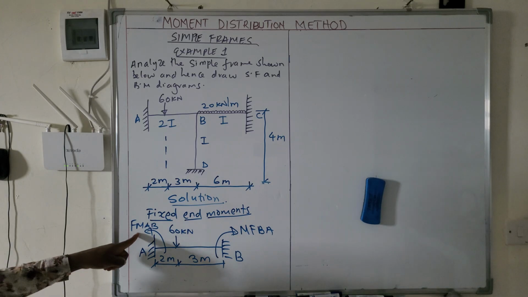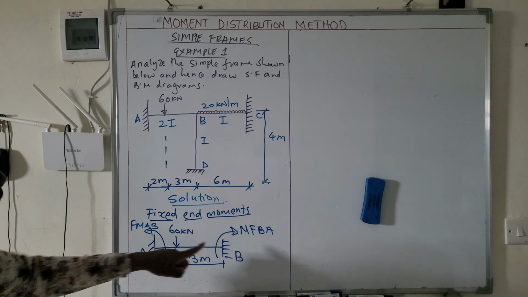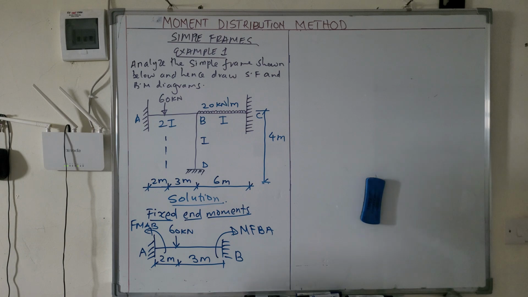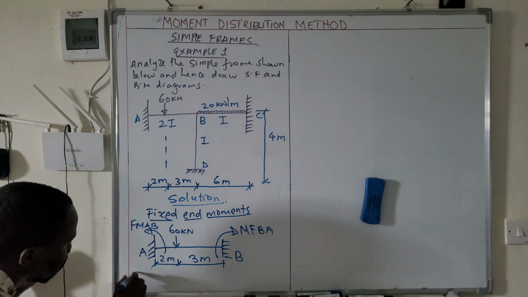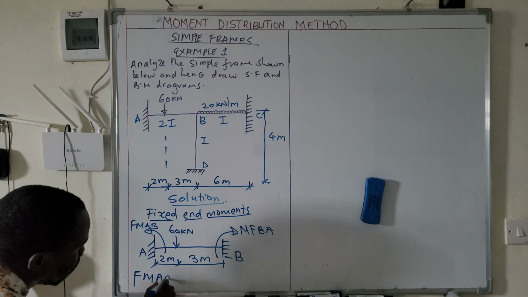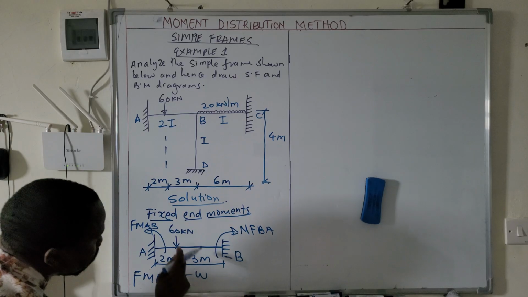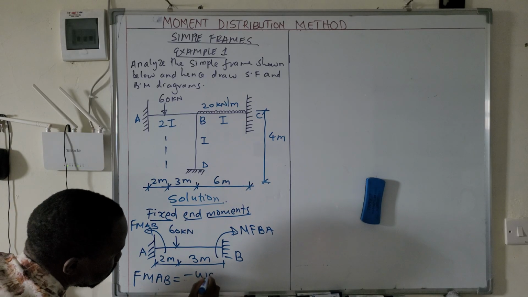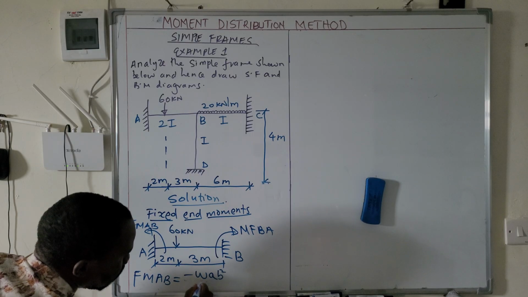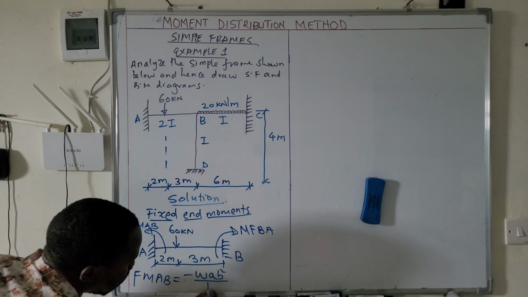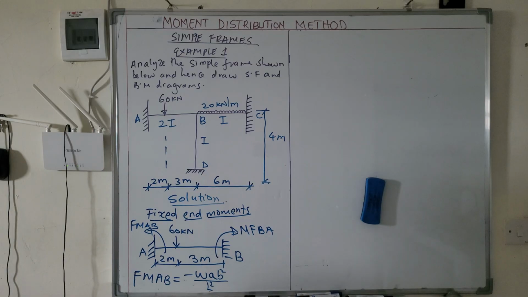So here we'll calculate fixing moment at AB and fixing moment at BA. So fixing moment at AB is equal to minus W, this load, times A, this distance, B squared over L squared, like that.